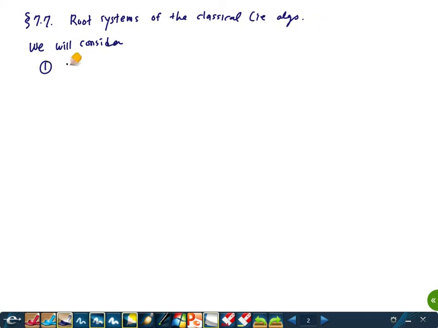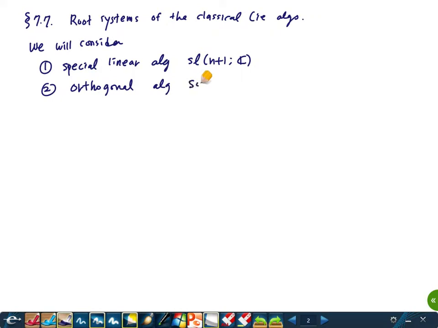So special linear algebra, SL n plus 1 C, and orthogonal algebra, SO.